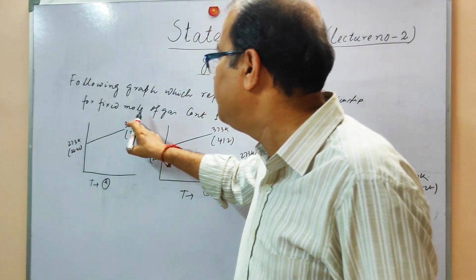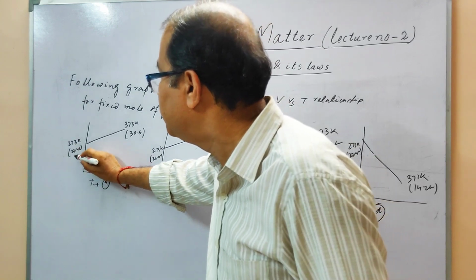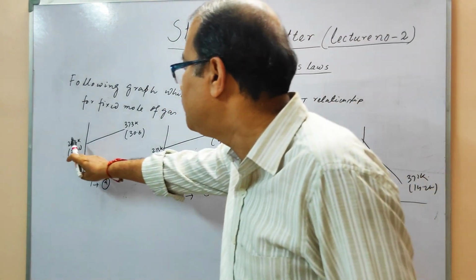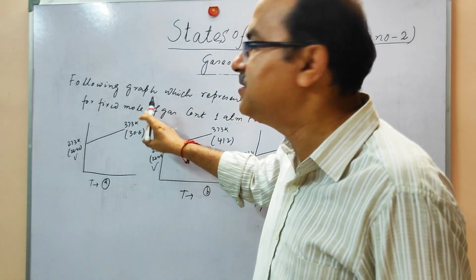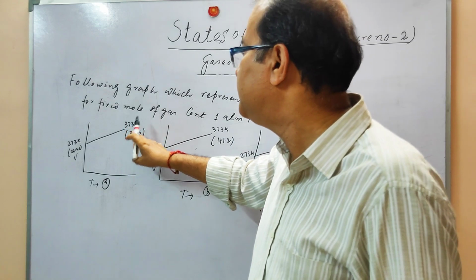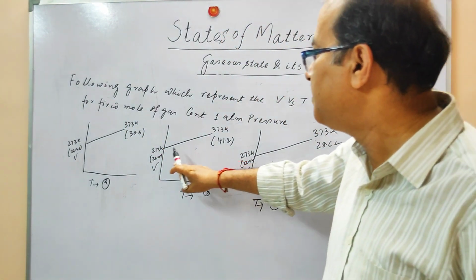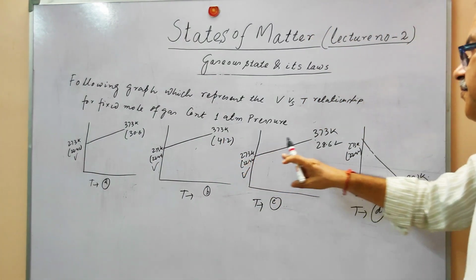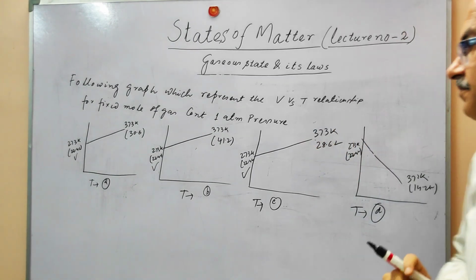At 273 Kelvin the volume is 22.4 liter, and when the temperature is increased to 373 Kelvin, it becomes 30.6. In this graph it goes 22.4 to 41.2 liter. Here in this graph 22.4 to 28.6. Now which is the correct graph?